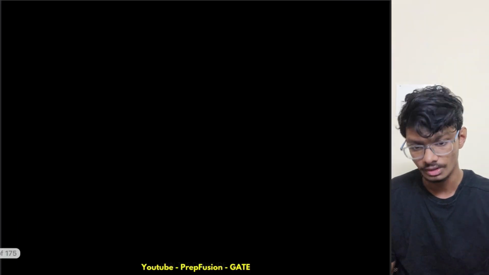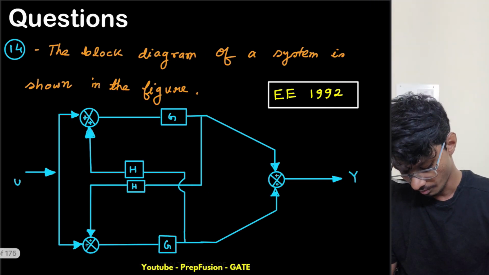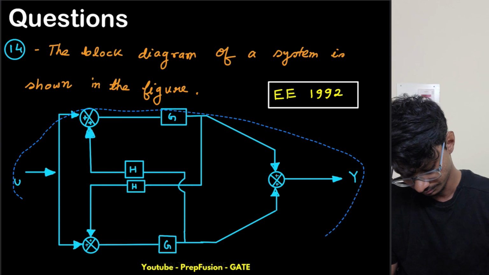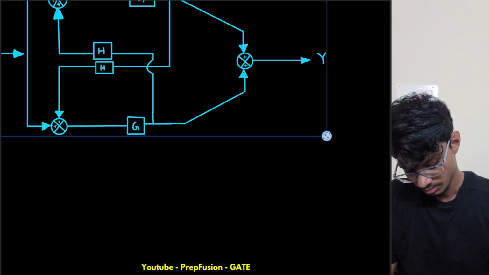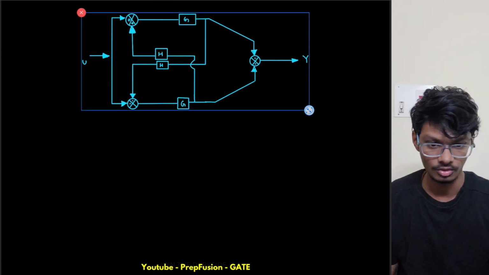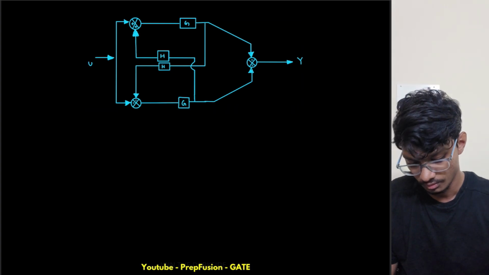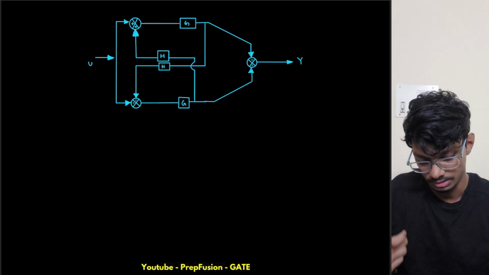Let me first copy this and write the equations. This is the GATE question 1992. So what will basically be the equation?